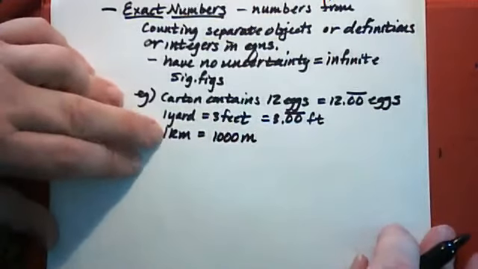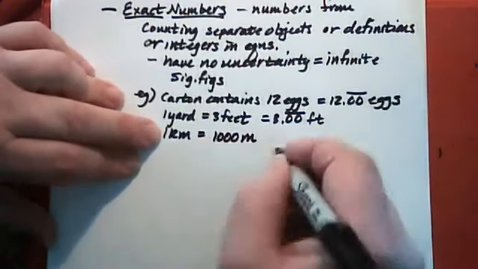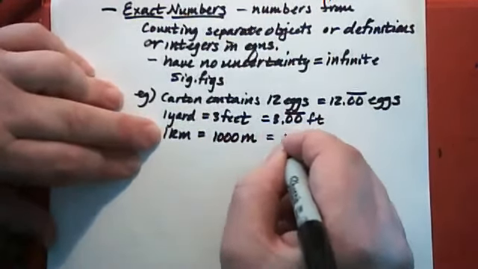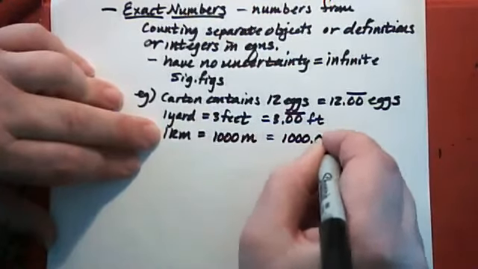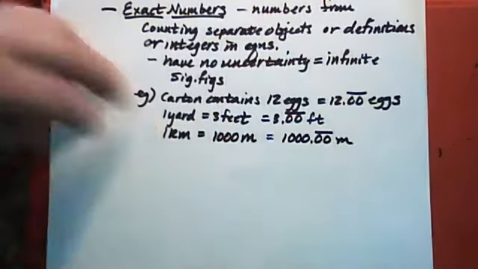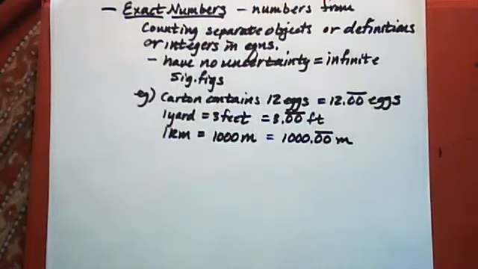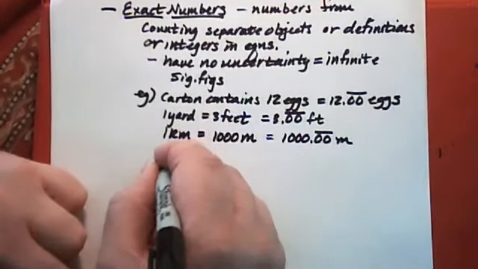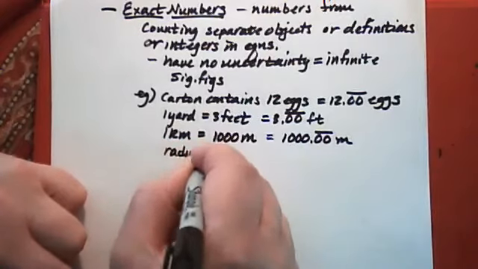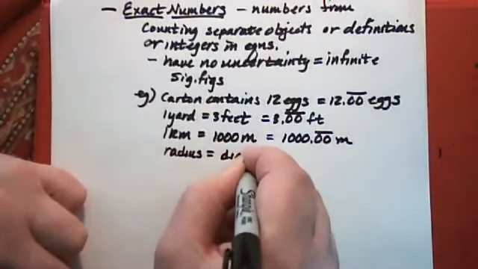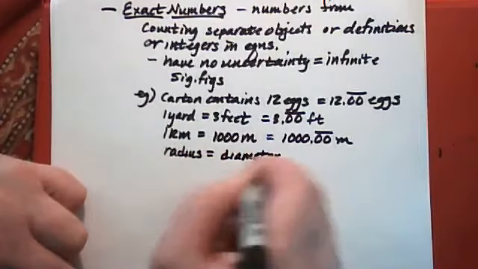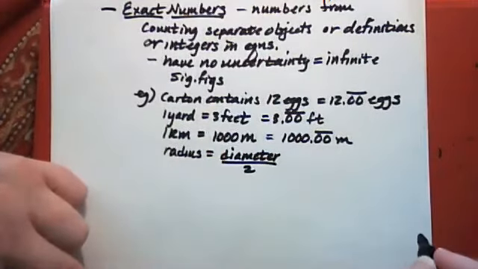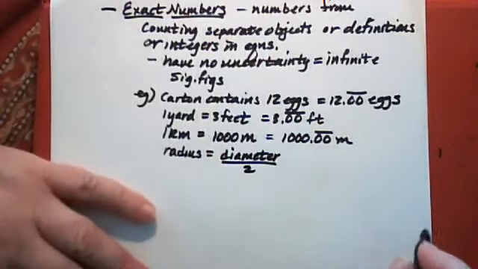Relationships within the metric system are also exact. So when we say 1 kilometer is equal to 1,000 meters, that is considered to be an exact number. It's 1,000.000 on to infinity. Another one would be, say, radius is equal to diameter over 2.